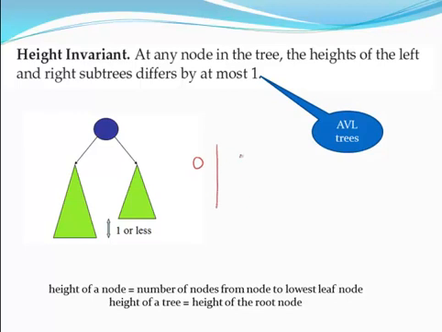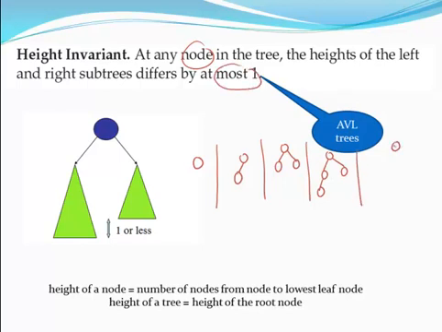A balanced tree of 2 nodes would be this. Here's a balanced tree of 3 nodes. But you can also have balanced trees in this form. That would be a balanced tree, because for each node the heights differ by at most 1.